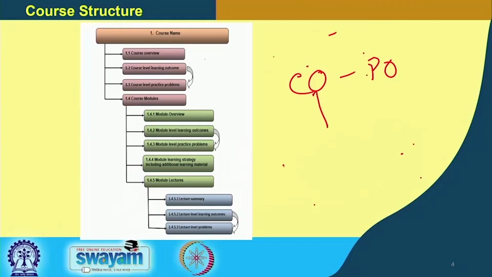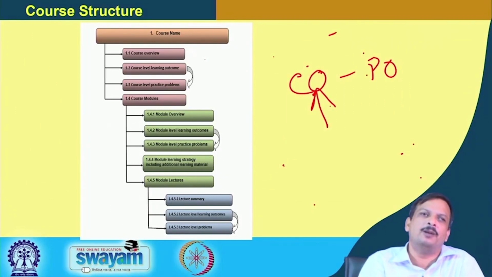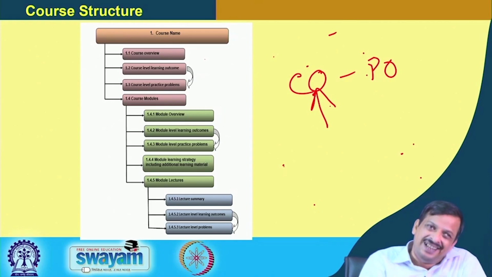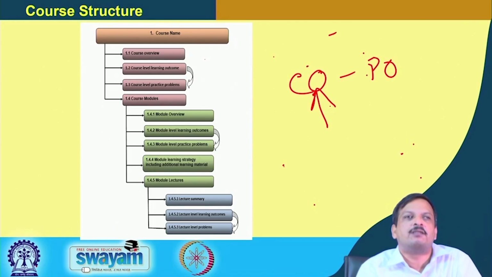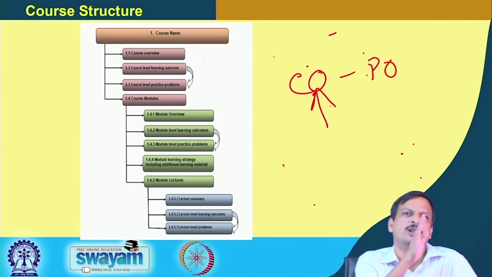So, any CO which belongs to the comprehension and knowledge cognitive level in BTech curricula is not appropriate. You cannot map them to any one of the POs. In most cases people think that COs should start from the knowledge and comprehension level.